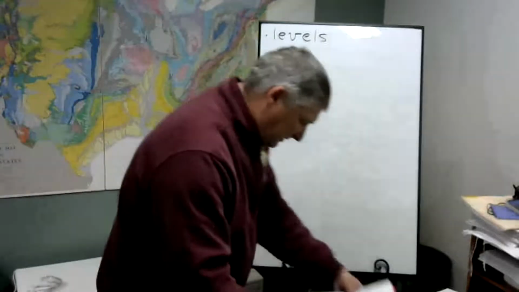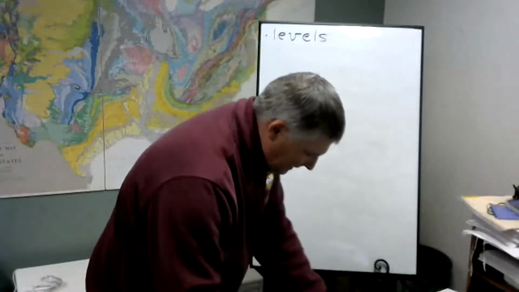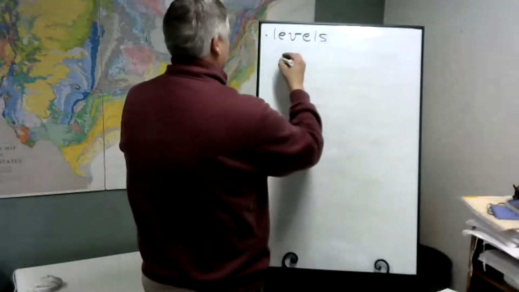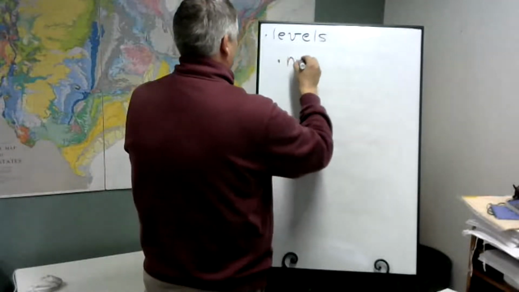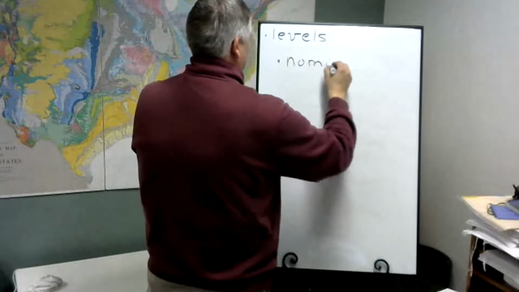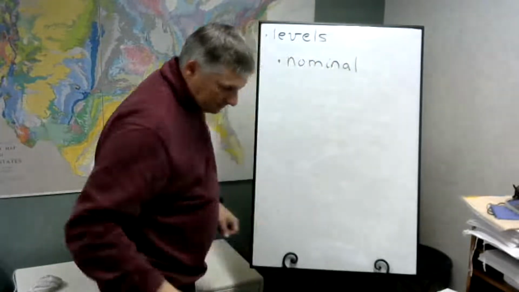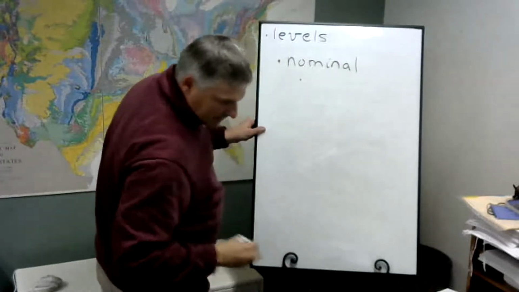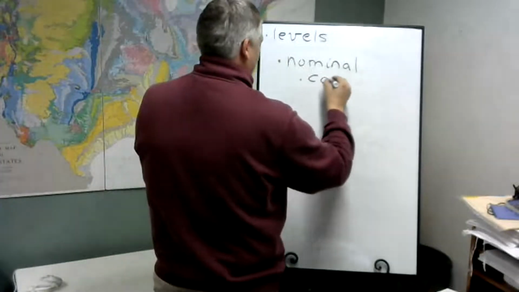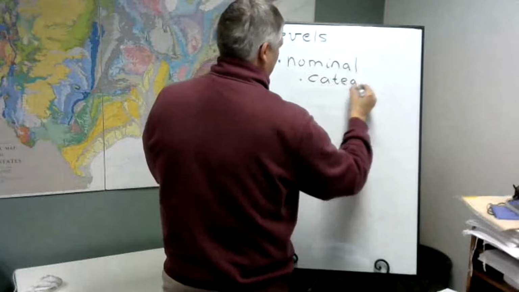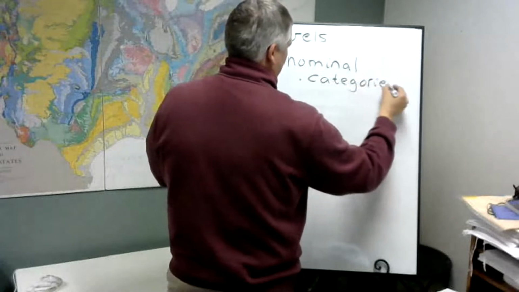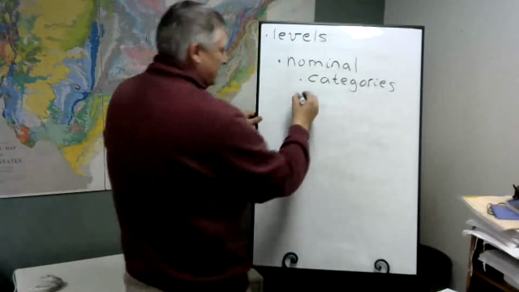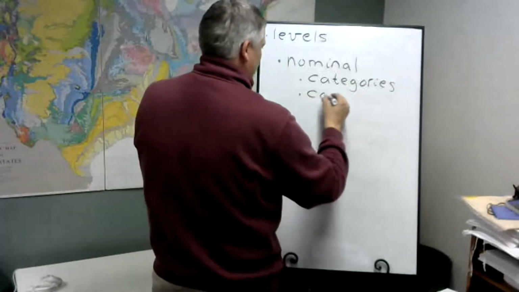So the first level is what we call nominal. So this typically is going to be categories. They could be, again, coded with numbers.